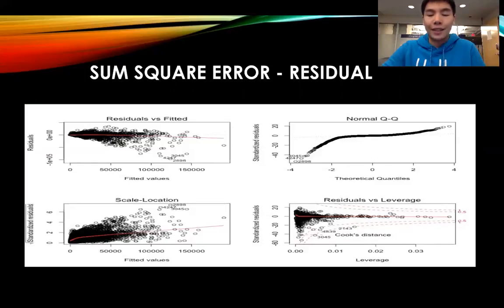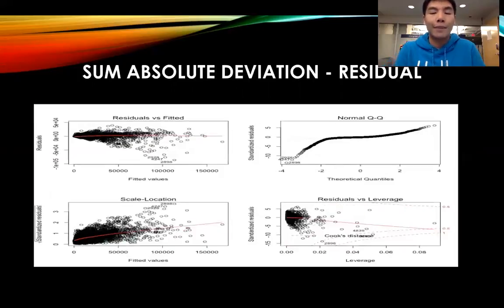Secondly, let's take a look at the sum of absolute deviation, which is the robust regression diagnostic plot. This diagnostic plot seems to be better than the least squares one, because the red line of the residual versus fitted value is really close to zero, which means the expectation of the epsilons is quite close to zero, which is one of the assumptions of a regression model.